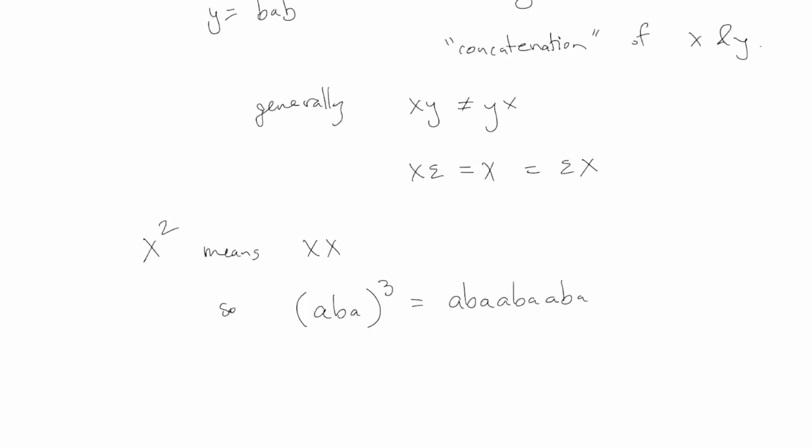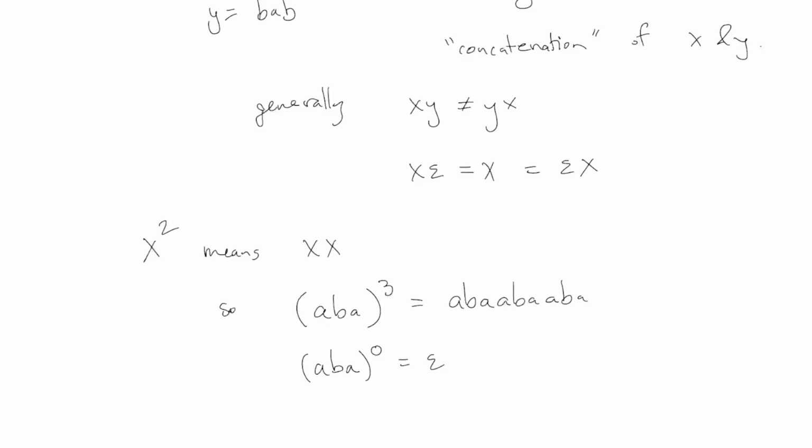This is something that we're going to be talking about fairly often, and there's not a lot to it. The 0 power is defined to be the empty string, because that's the only thing that makes sense. If you want to talk about the 0 power of something, it means I have ABA and I want to repeat that 0 times. I guess that's the empty string. This is kind of in the same way that any number to the 0 power equals 1.